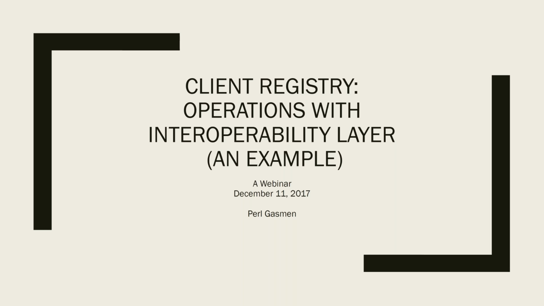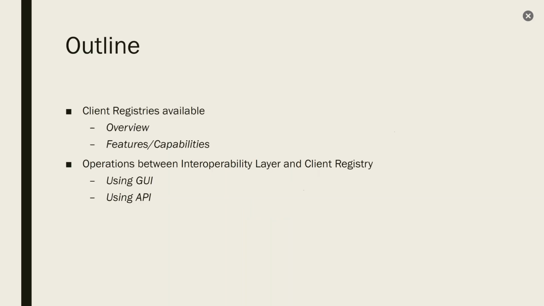So for today, we'll be discussing some operations with the connection between client registry and interoperability layer. But basically, we will take just one example. So for tonight, the outline is we'll give a preview of available client registries in the market.